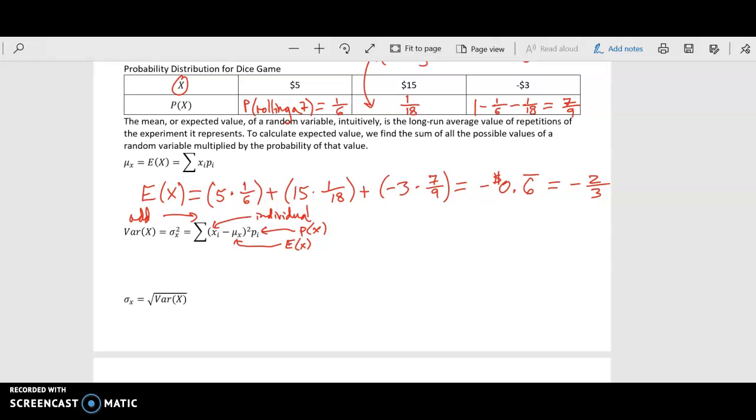So the way variance works is it's the sum of these squared differences, so 5 minus the mean, negative 2/3, squared, times the probability of getting a 5. Whoops, it's 1/6.